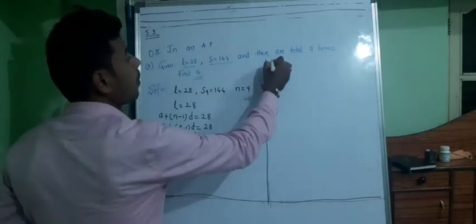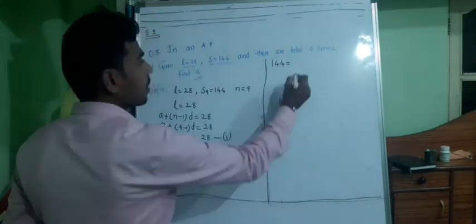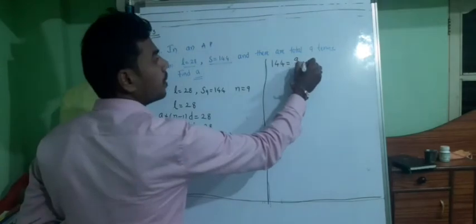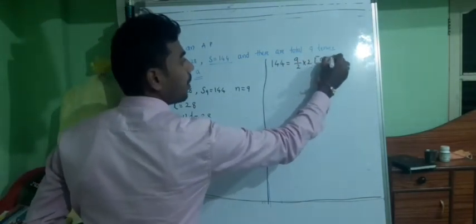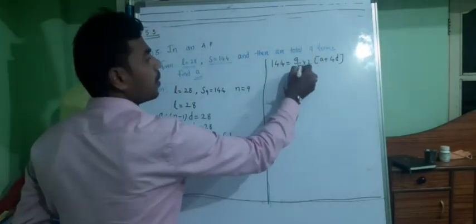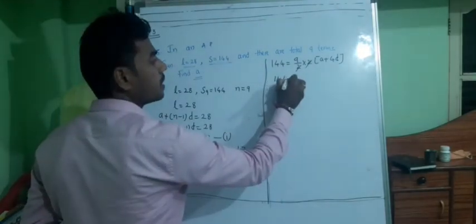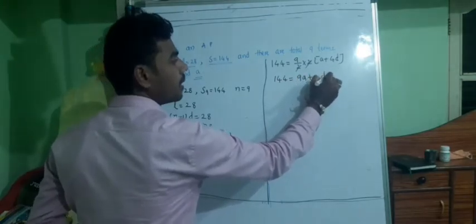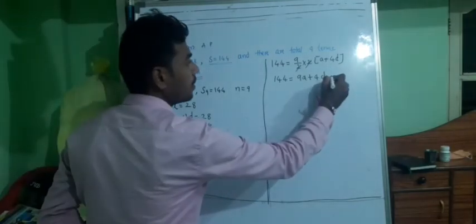Now 144 is equal to 9 by 2. Here I'll take 2 outside: 2 into A plus 4D. The 2 gets cancelled. 144 is equal to 9 into A plus 4D.